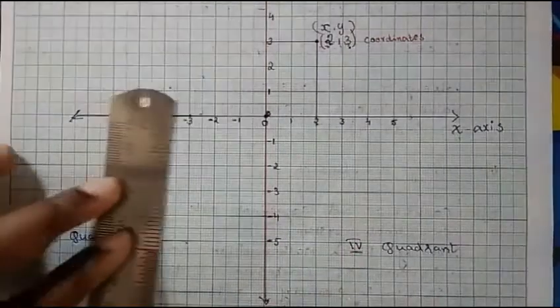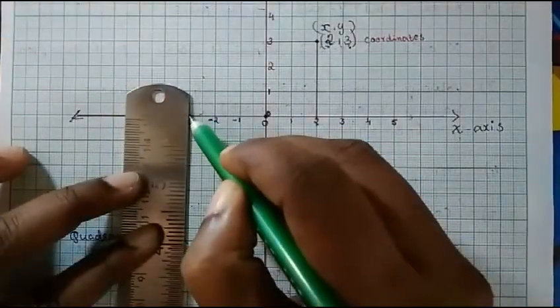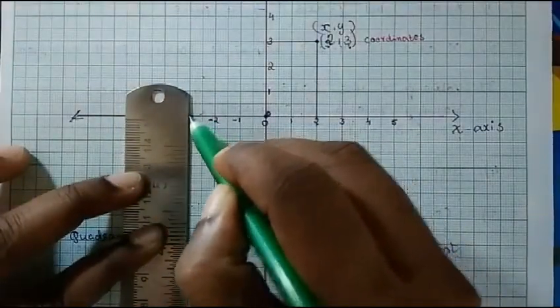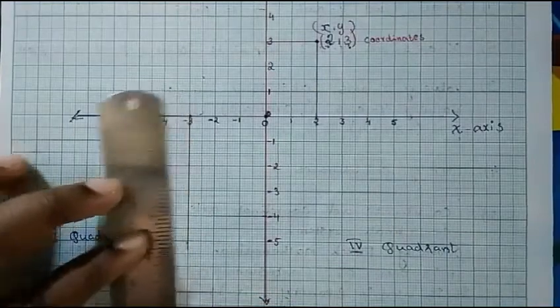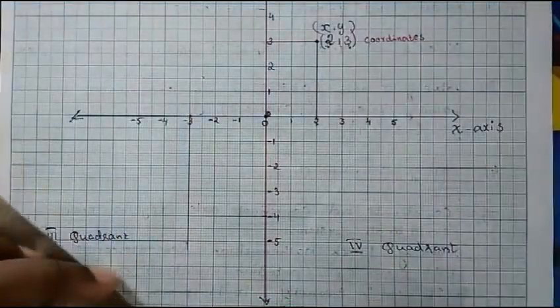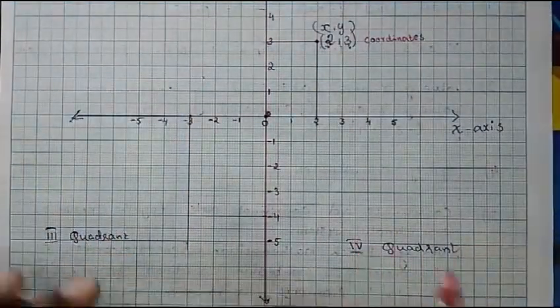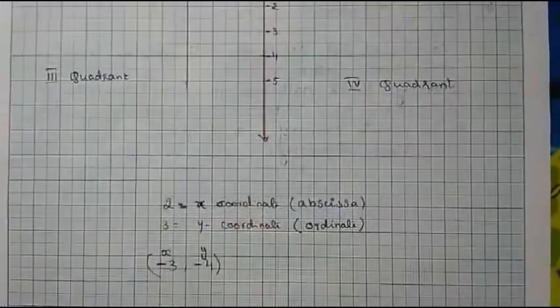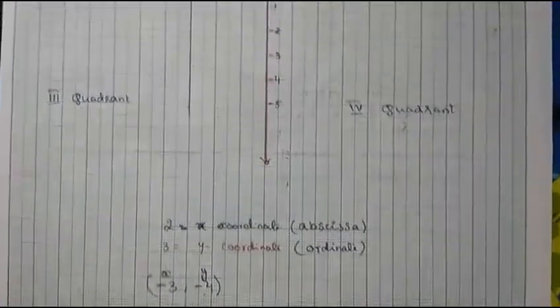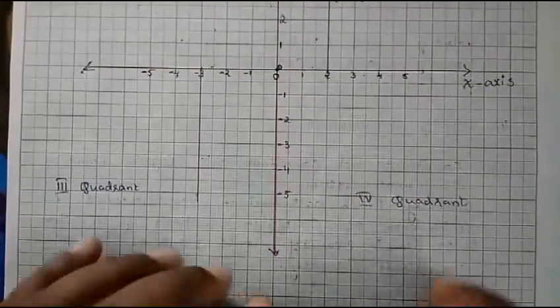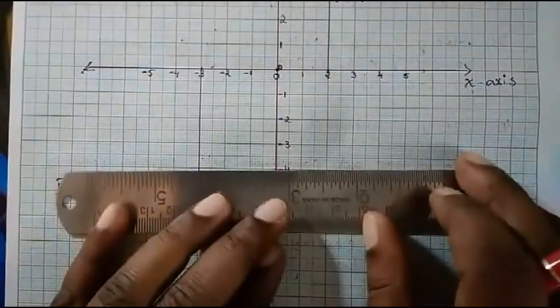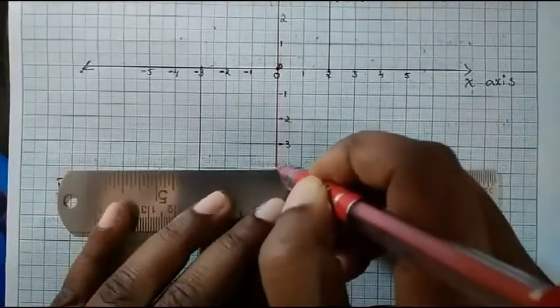So let me draw a perpendicular line. At -3, I am drawing a perpendicular line, and for the y-axis that is -4, right? So from -4 I will draw another perpendicular line.